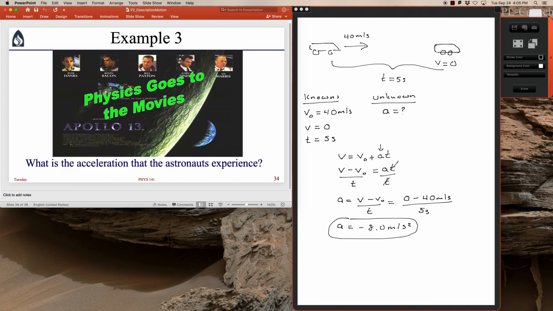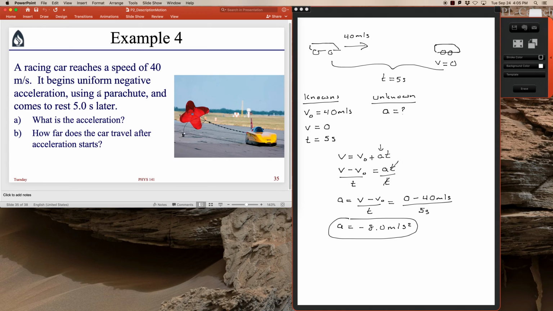So part B of this example asks, how far does the car travel after the acceleration starts? It's a negative acceleration. That makes sense because the car was slowing down. And I want to know how far does the car travel from the initial starting point to the point where it stops. What is the displacement?